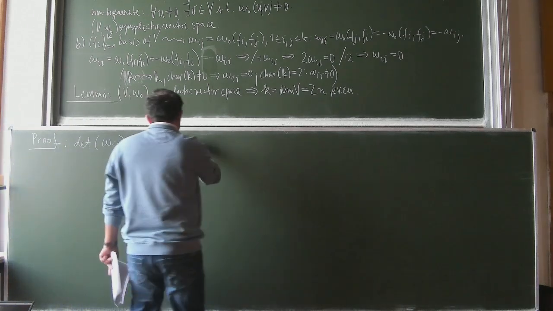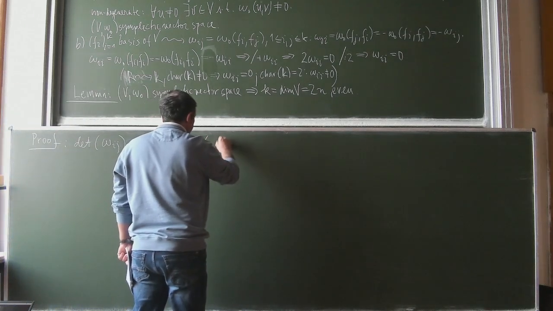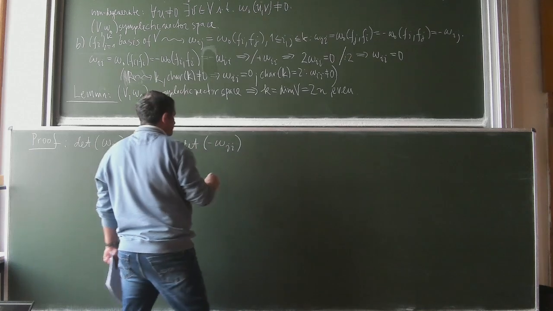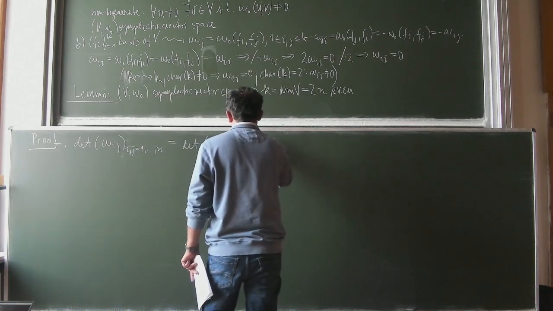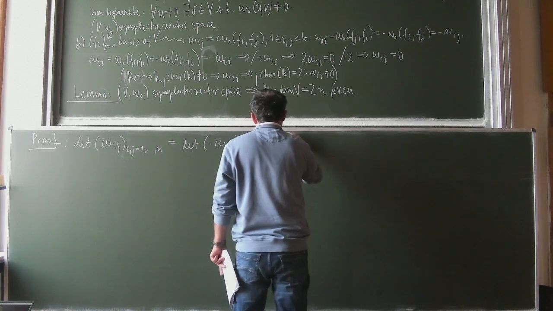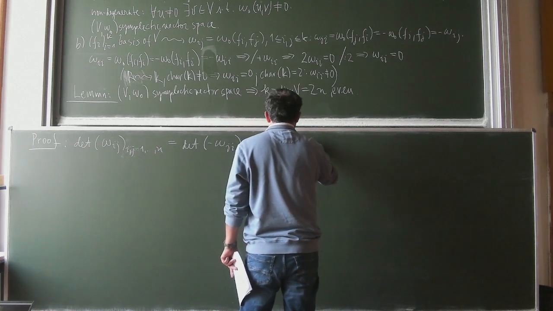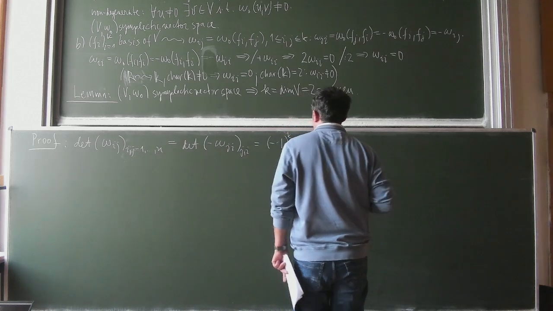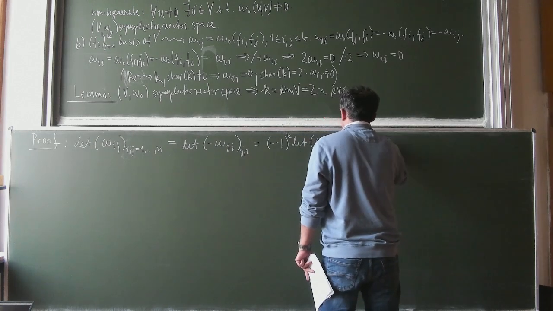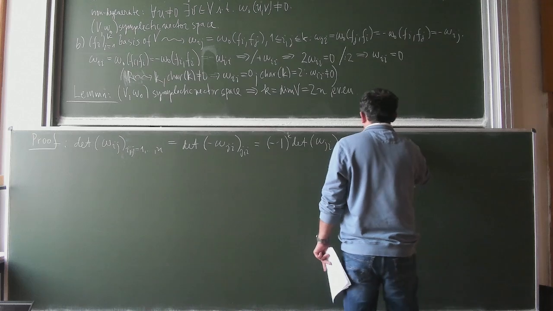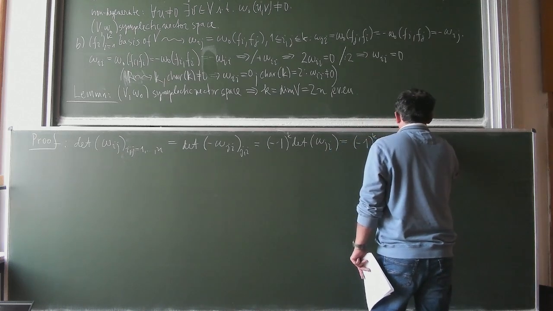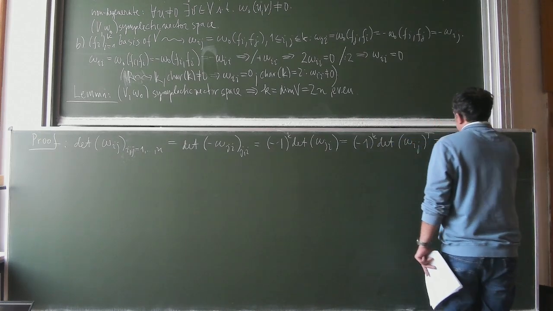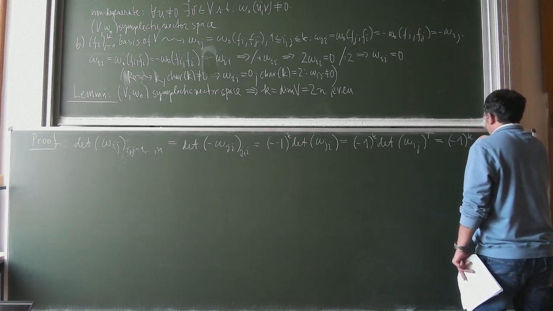By the previous, this is the determinant of minus omega ji, which is minus 1 to the power of k times the determinant of omega ji, which is nothing but the determinant of omega ij transpose, by definition of transpose.